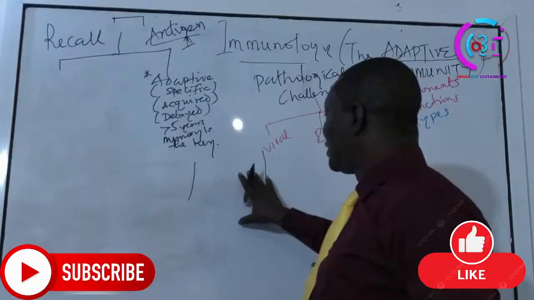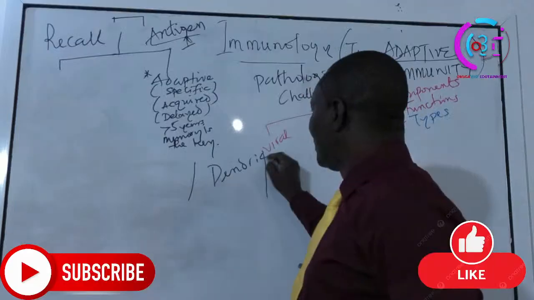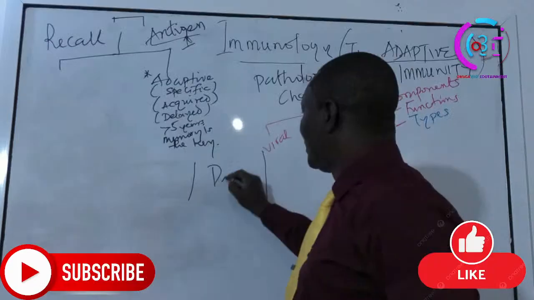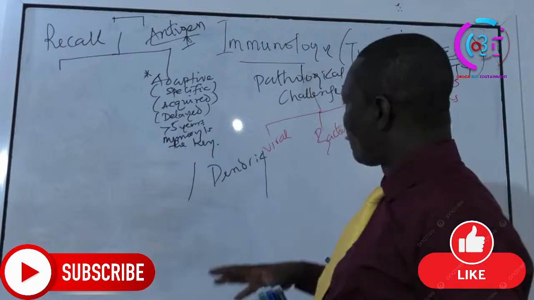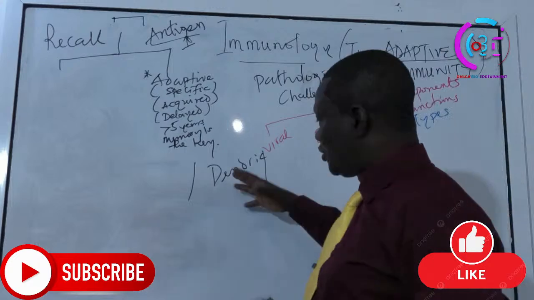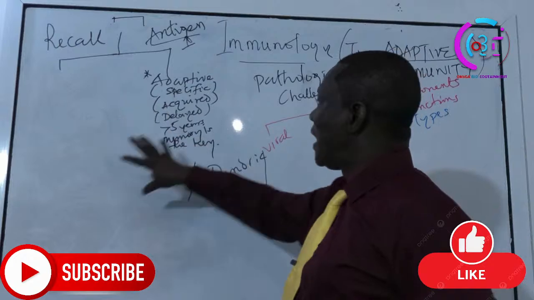We are going to see this, but basically it is the dendritic cell that will perform a mediatory role between the innate and adaptive system.